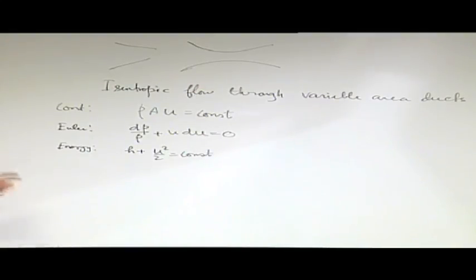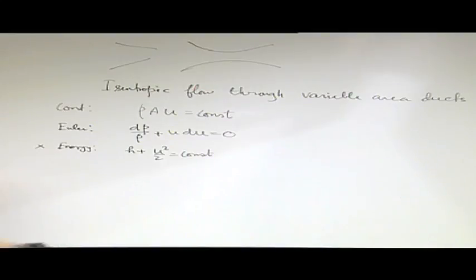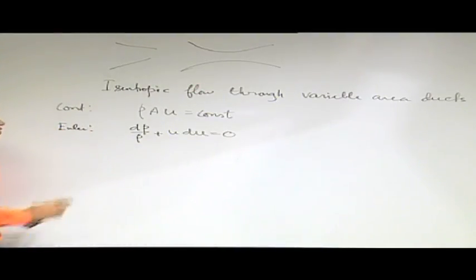But first of all we will not consider this energy equation as an important consideration, but we will concentrate on these two equations and see what we get out of that.